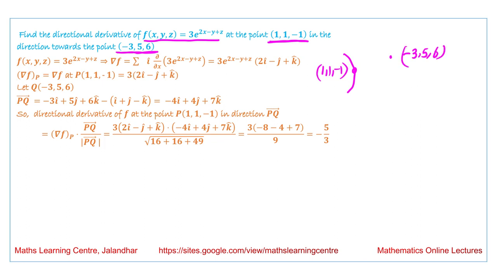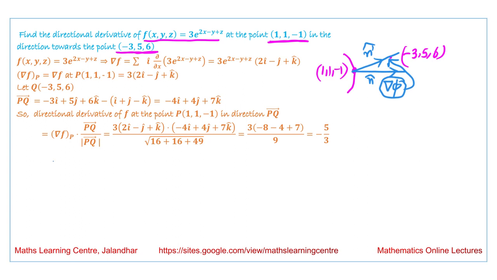We want the directional derivative in this direction. This is the normal. The direction of this normal is given by the gradient of phi. So basically we want to find the projection of this gradient towards this line.